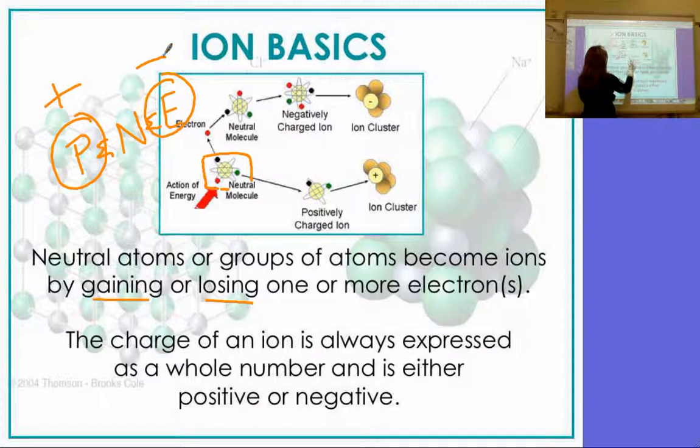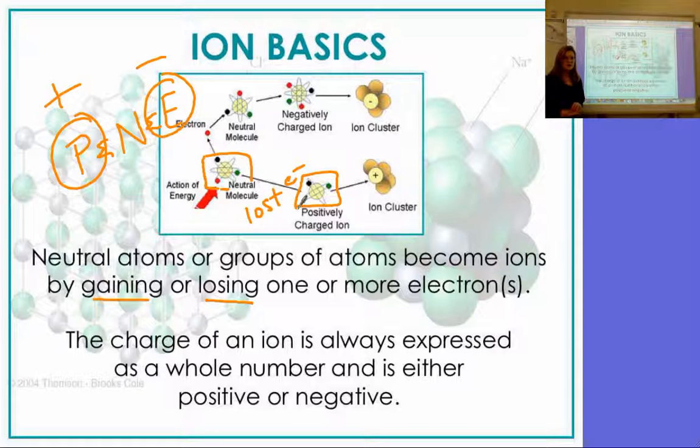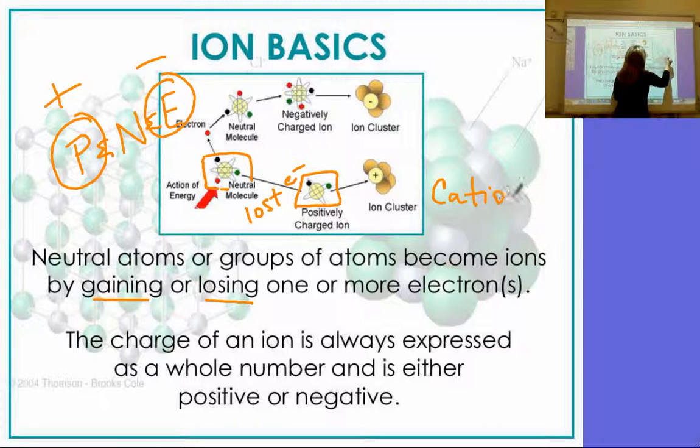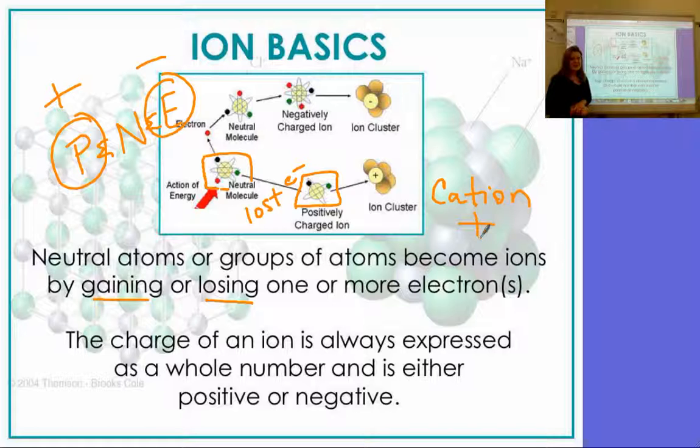If I lose an electron, here I lost an electron, now I only have a proton and a neutron, that ion is called a cation. It has a positive charge. There are more positives, there are more protons than electrons in that ion.